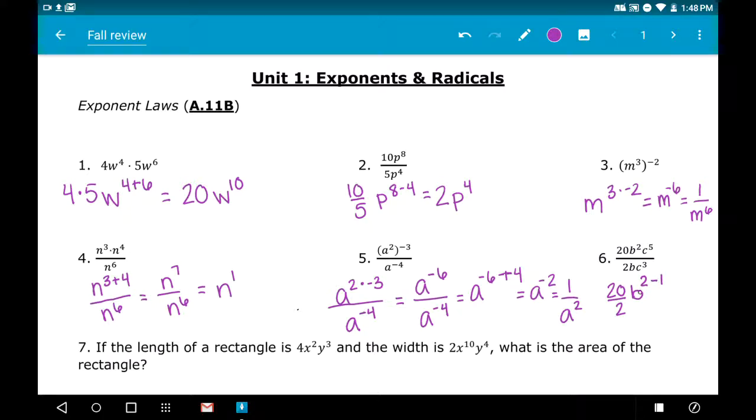So it's b to the 2 minus 1. C, 5 minus 3. So our final answer here would be 20 divided by 2 is 10. 2 minus 1 would be b to the 1st. 5 minus 3 would be c squared. So 10b c squared is our final answer.